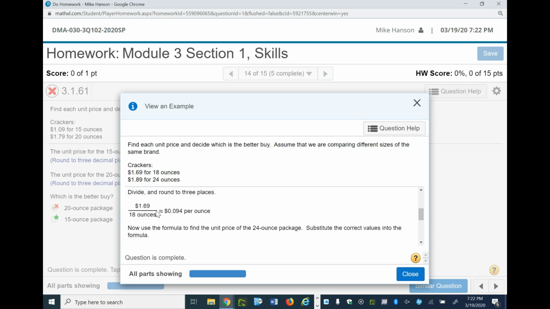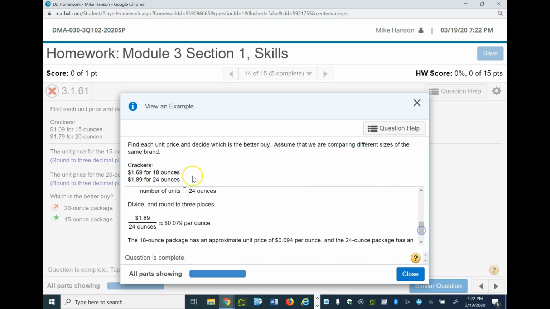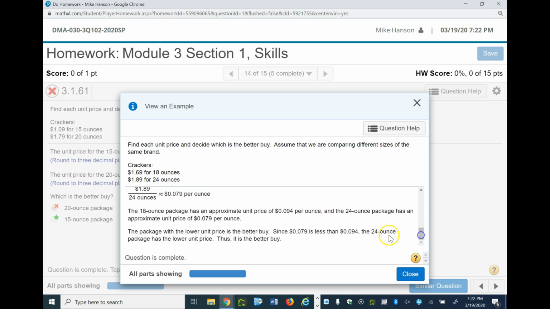This time, instead of "to" being the division, the word "per" is the division. So $1.69 per ounce, which is going to be 18 ounces. Put this in our calculator, reduce it, and we get this answer here. Do the same thing for the second part. Put them in here. This is our per, remember. Put it in here and make sure we get our answer. Now, this one did not say write as a ratio, so we don't write a ratio. We can just write the answer just like we have it here.